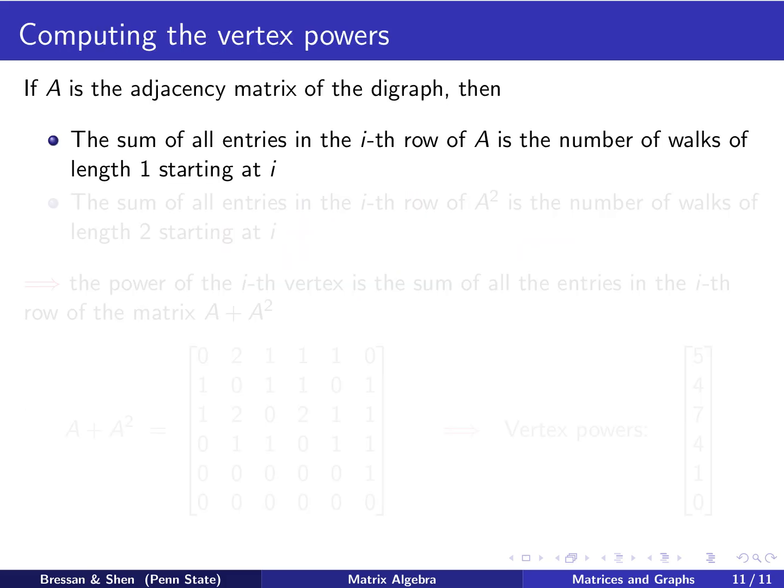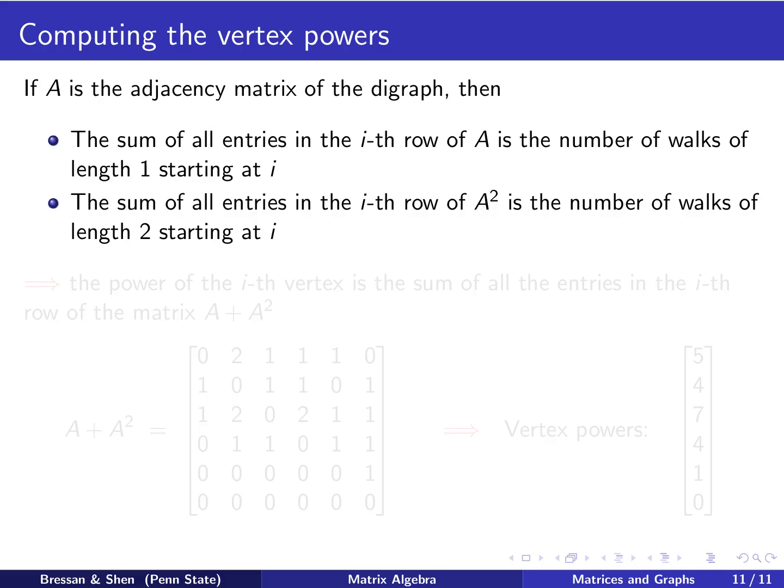So how do you compute the power of the vertex? Let A now be the adjacency matrix of a digraph, and then we know the following. The sum of all entries in the ith row of A would be the number of walks. You can think, in the example, of the number of direct wins. Walks of length 1 starting at i.